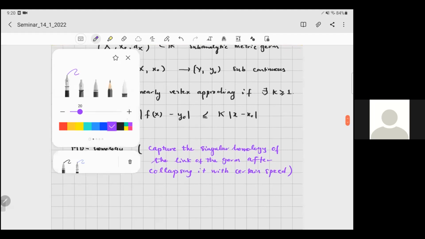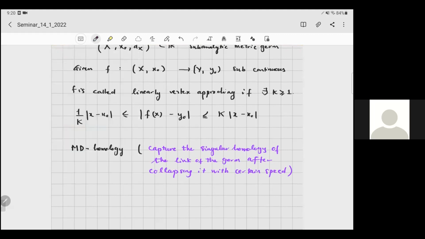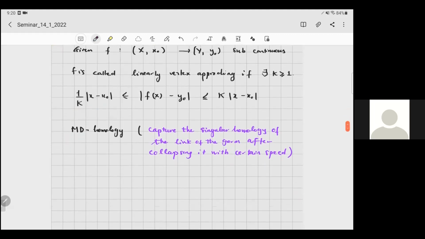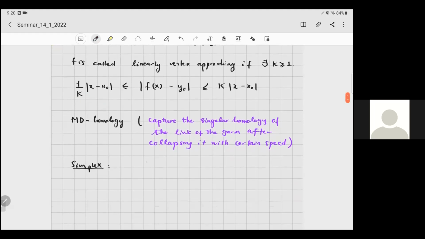Actually, the definition just mimics the definition of singular homology. To define the homology, first we need some notion of a simplex. Let me take some notation.